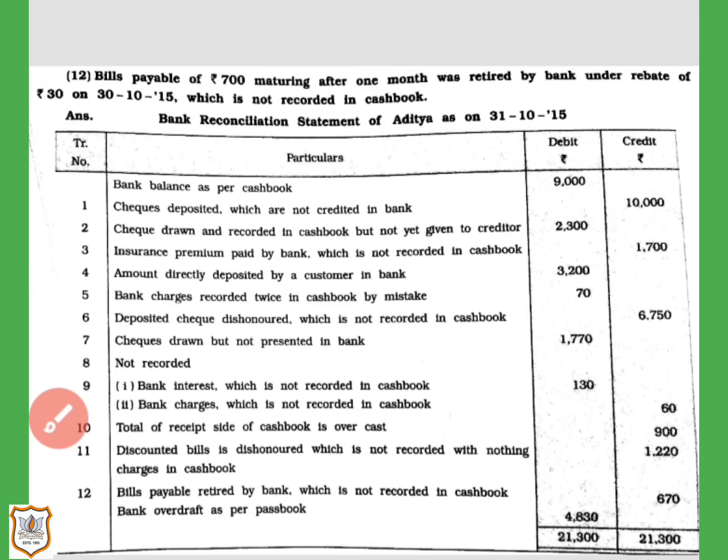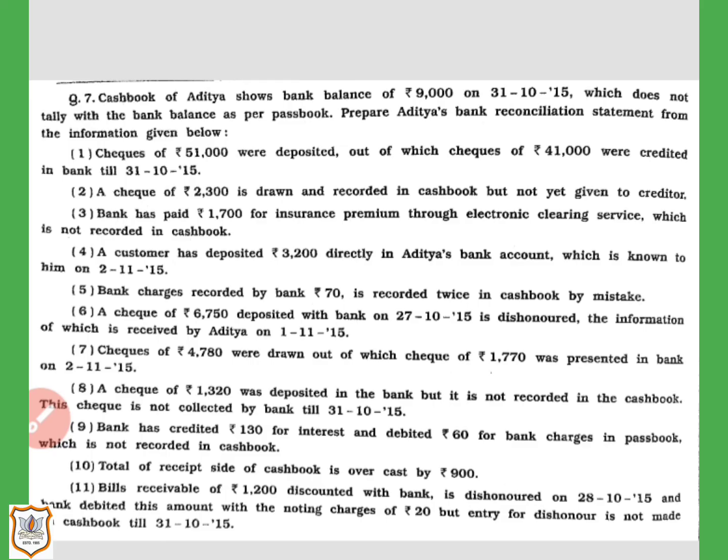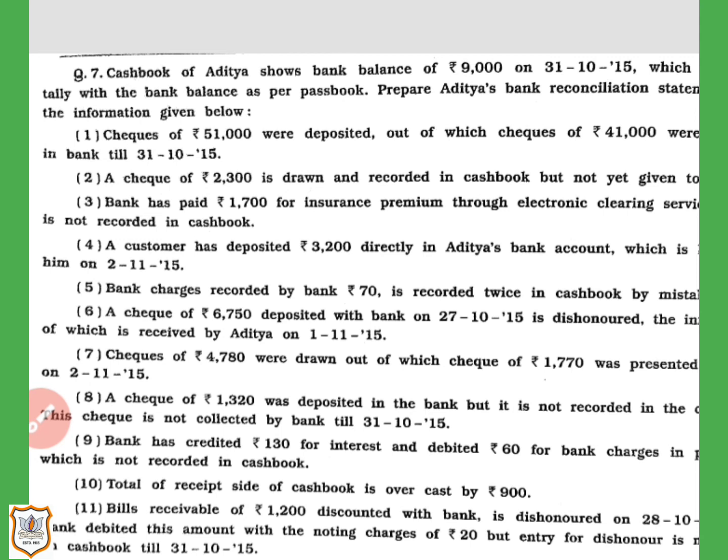Now let us move to the next transaction. Next, information number 9. Here it is given that the bank has credited rupees 130 for interest and debited rupees 60 for bank charges in passbook, which is not recorded in cash book. Here bank interest is an income which is not debited in the cash book, so it will be written in the debit column of the BRS.